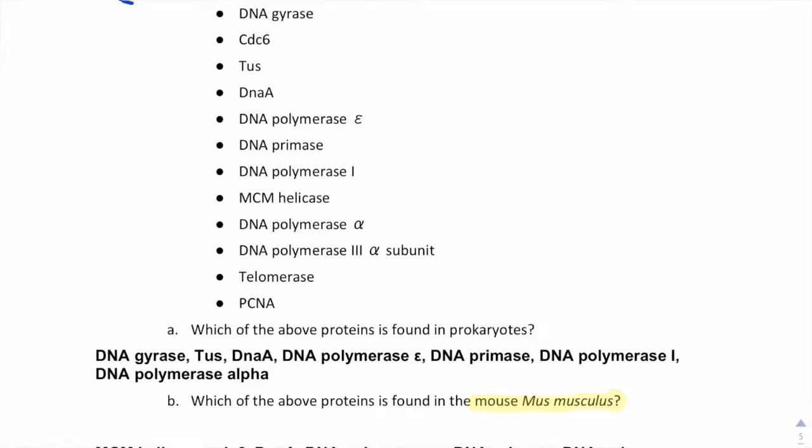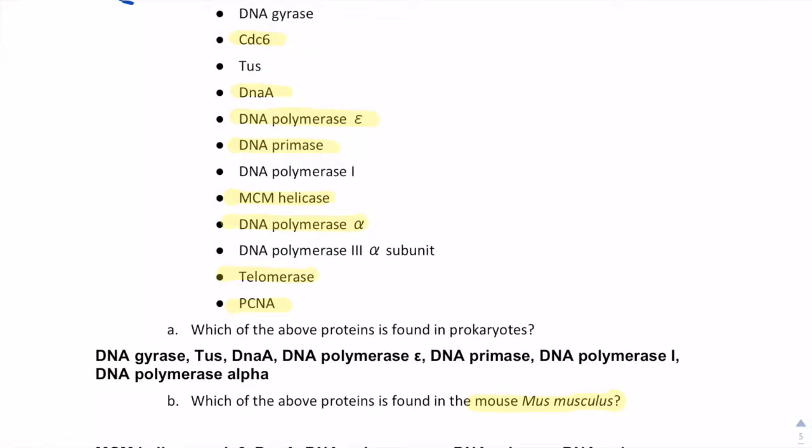So the ones that are covered in the proteins found in there are the MCM helicase, the CDC6, the DnaA, the DNA polymerase epsilon subunit, the DNA primase, the polymerase alpha subunit, PCNA, and telomerase.